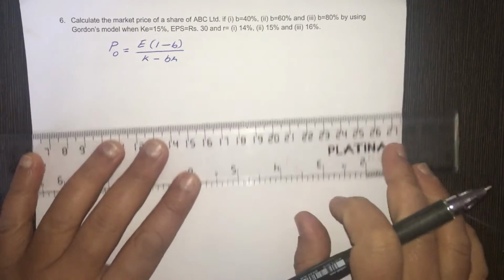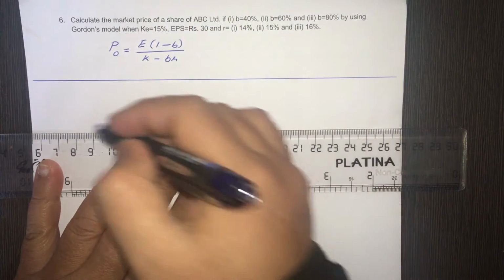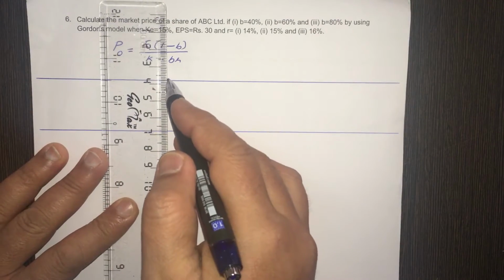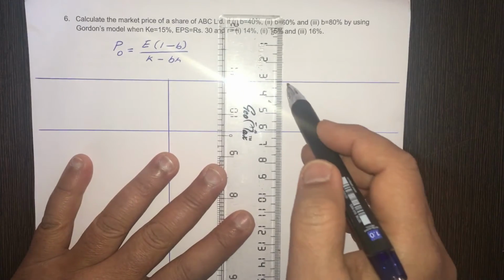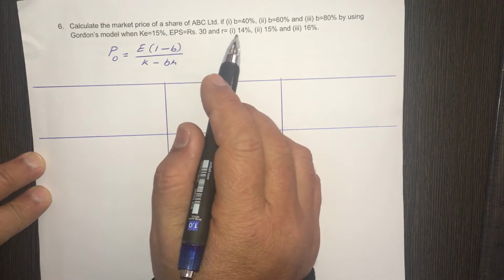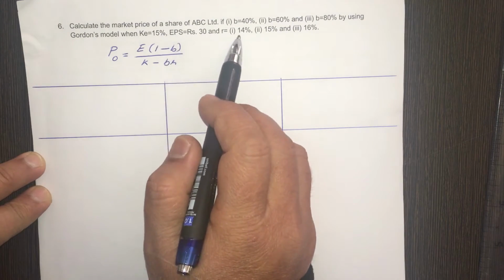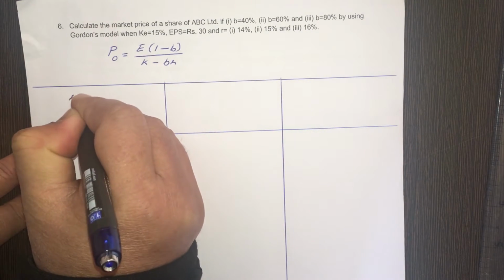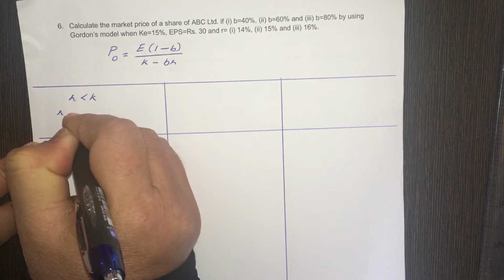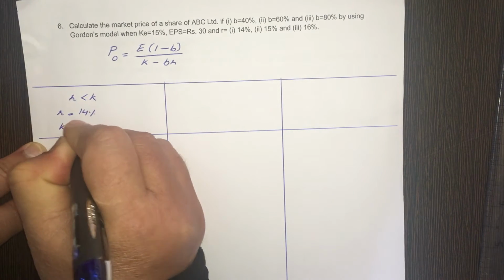Alright, now let us solve this problem. In the first instance, r is less than k, where r is 14% and k is 15%.